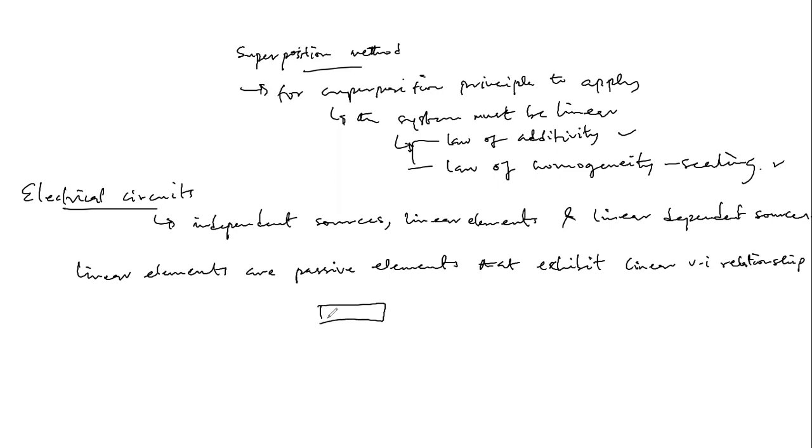So let's assume we have a system here, and current I flows through such that the voltage across the terminals is V. Should we scale the current that flows through the system by some parameter K, then we'll also observe that the voltage measured across the terminal has been scaled by that same parameter K. Should this occur, we say that the law of homogeneity has been satisfied.